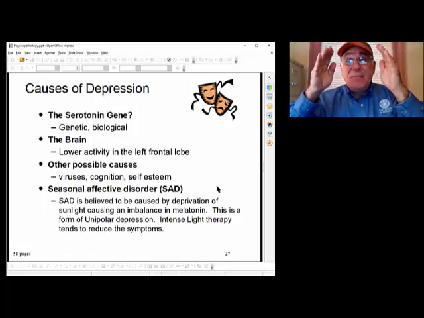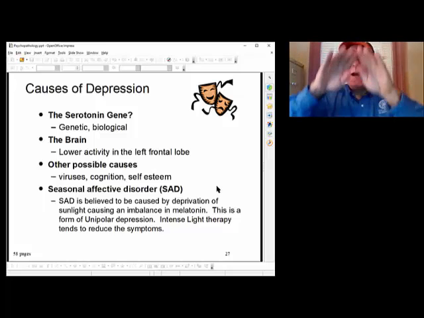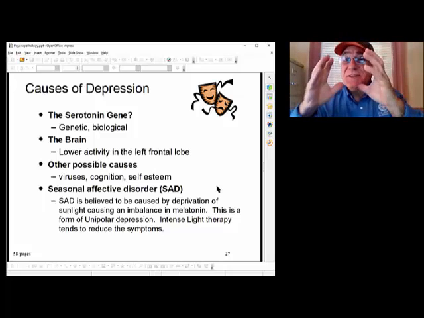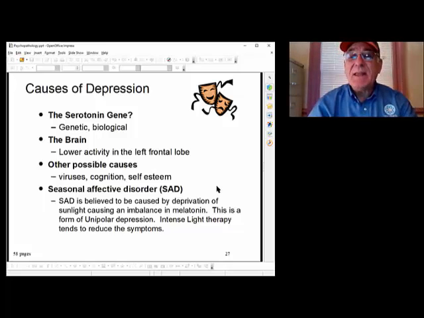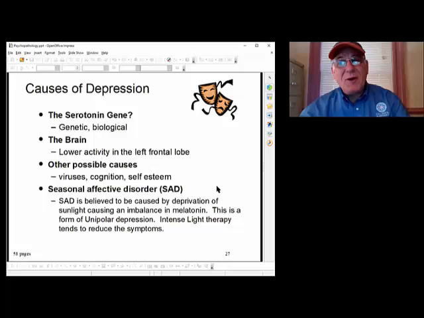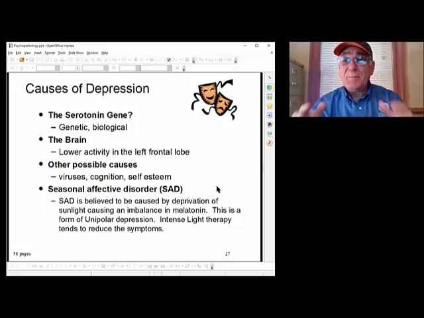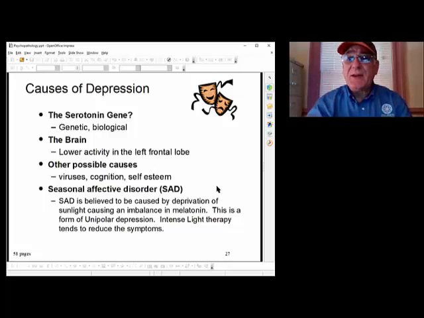If we test people, we would find the normal population produces a certain amount of melatonin, but some people produce less melatonin, some people produce more. Well, the people that produce less melatonin, during the summer months, there's plenty of sunlight. They get enough sunlight to not be depressed.